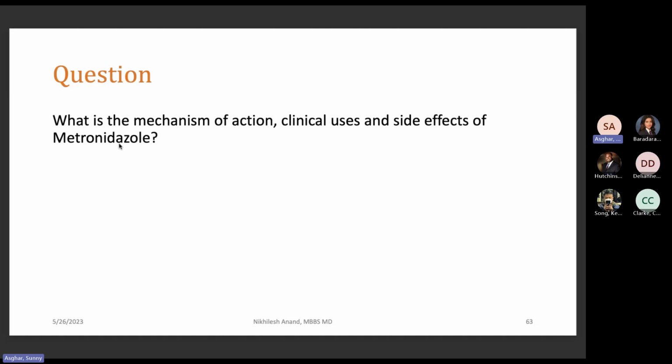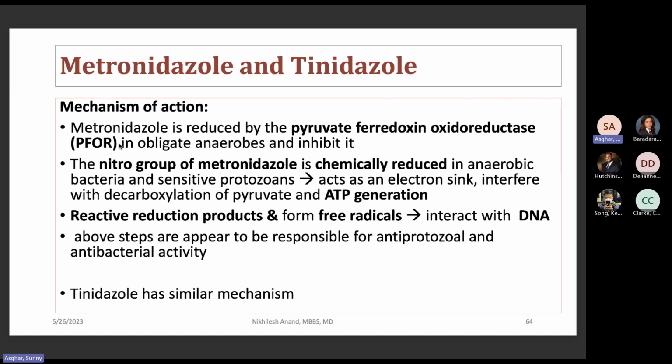And so basically it's stopping protein synthesis, breaking down the DNA strands, and eventually leading to cell death. And over here, pretty much the mechanism of action is listed, right? What it's doing and how it's doing it. Metronidazole is reduced in obligate anaerobes, as I've mentioned.